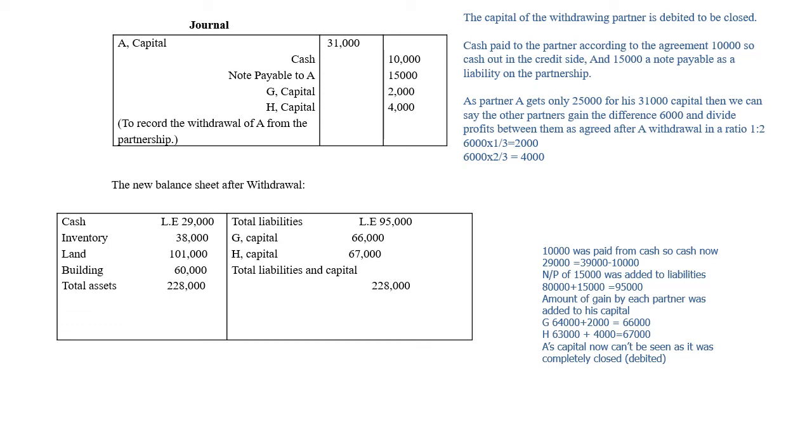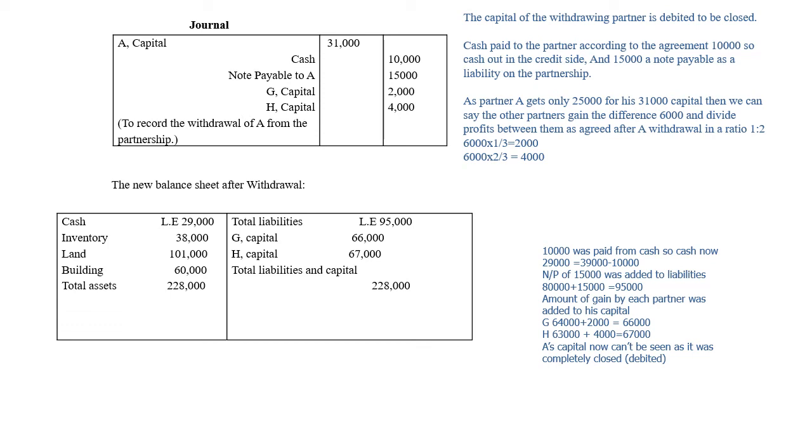This 6,000 is considered as a profit for G and H. G and H are happy to have partner A leaving the business with his capital's value 31,000 and he's only receiving 25,000, 10,000 cash and 15,000 will be paid later on. So all what he's going to get is 25,000 while his capital is 31,000. The difference is a profit for them. They are happy to have this profit.